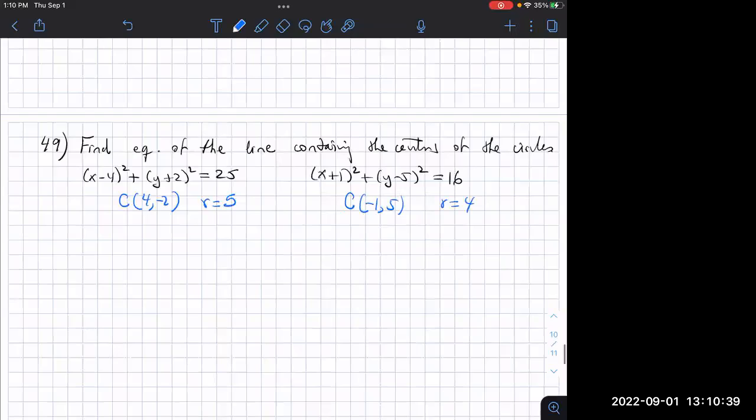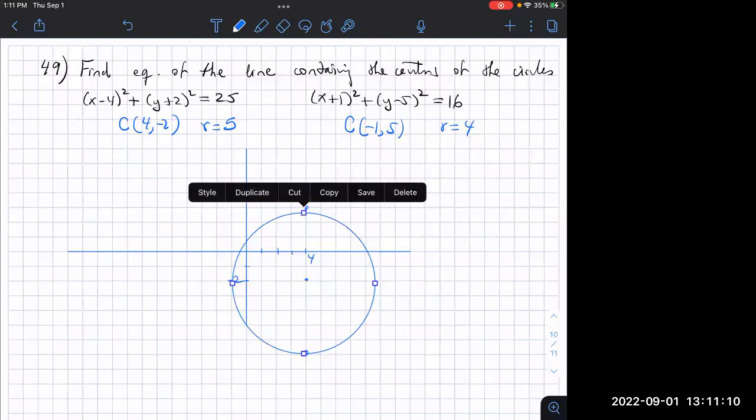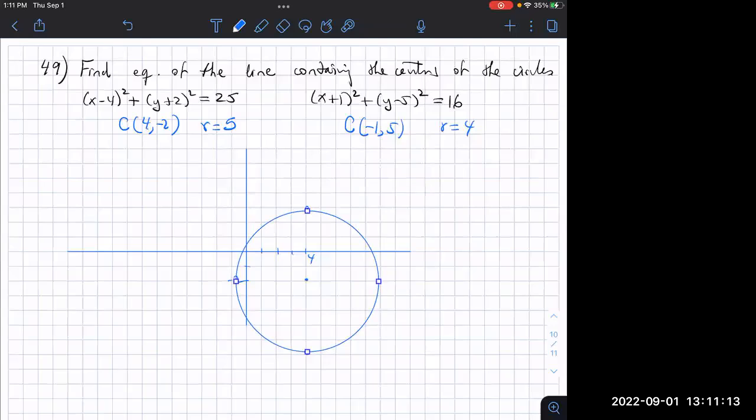Okay. So here we have x and y axes. Okay, so 4, -2. That's one center, and then it has radius 5. 2, 3, 4, 5. Okay, so we get a circle, something like this, roughly. Okay, so that's the first circle.